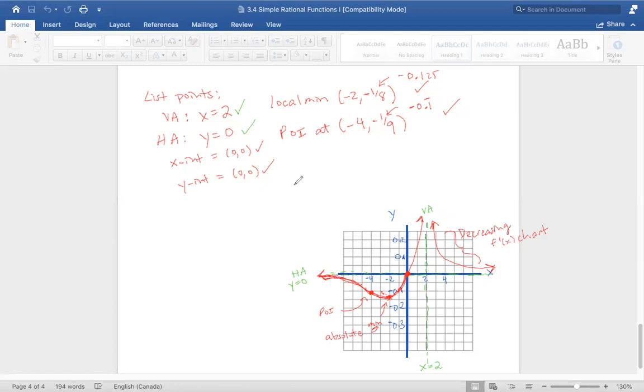Well, we have to do the domain and range, but we also have to list our limits, which we don't have written down here, right? So as x is approaching 2 from the left, y is reaching positive infinity.